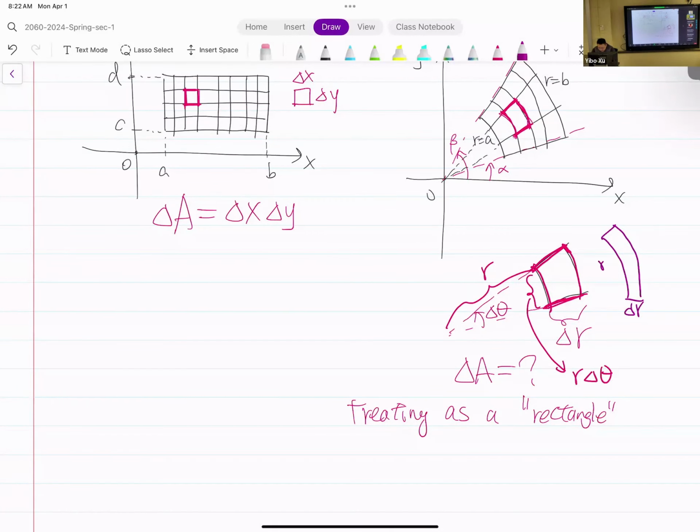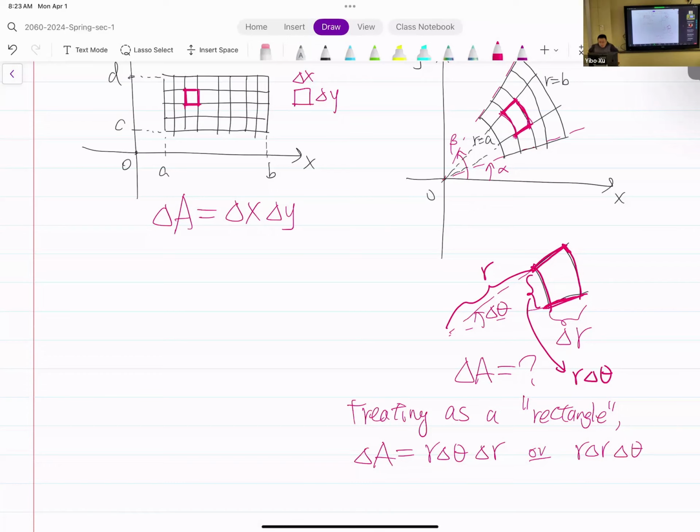That's similar to a rectangular region. So delta A in this situation is the length of the arc times the width. If you rearrange the order, this is just r delta r delta theta.